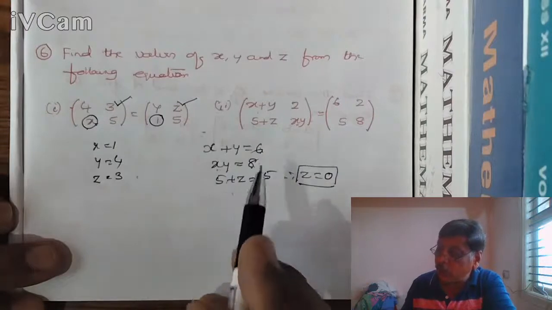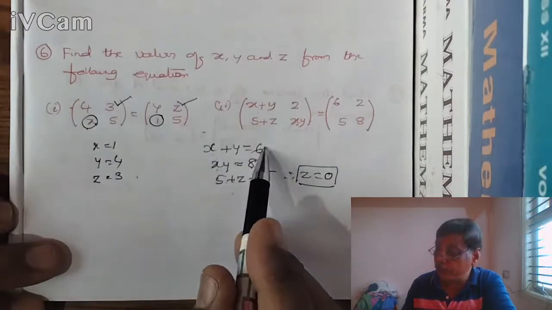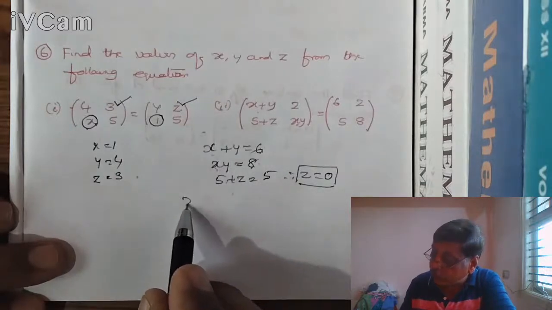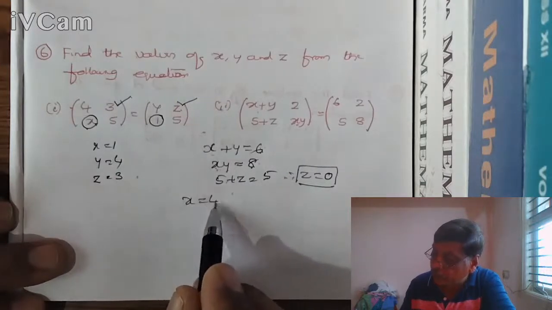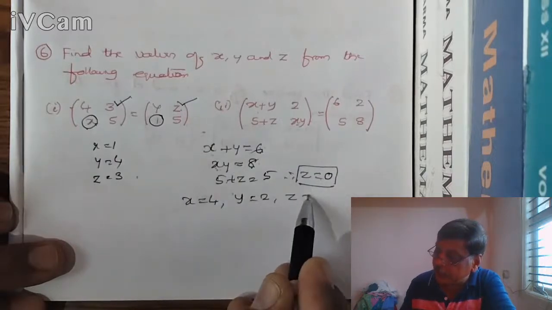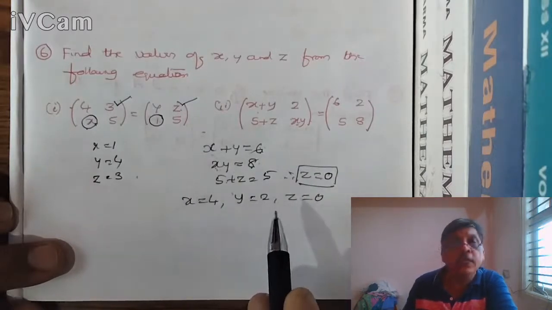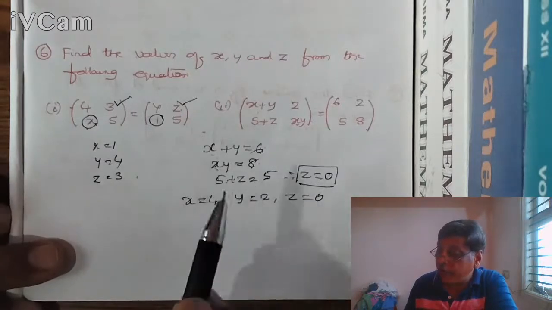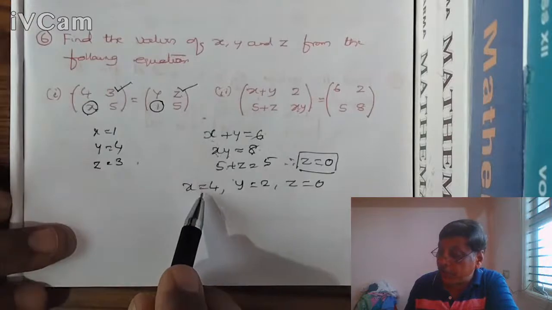Those numbers are 4 and 2. 4 plus 2 gives 6, 4 into 2 gives 8. Is it right? So when x is equal to 4, y must be 2 and z is equal to 0. Yes or no? Here you carefully follow. Why should I take x as 4?